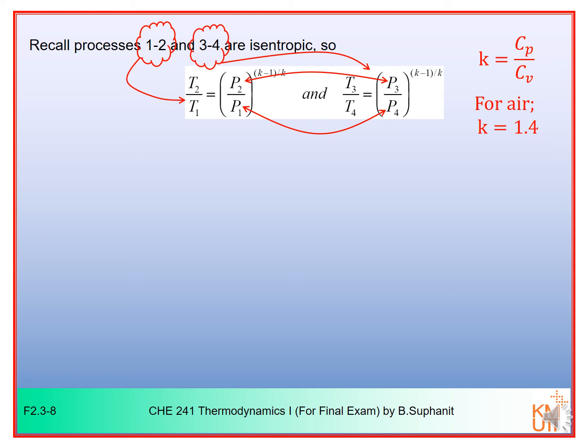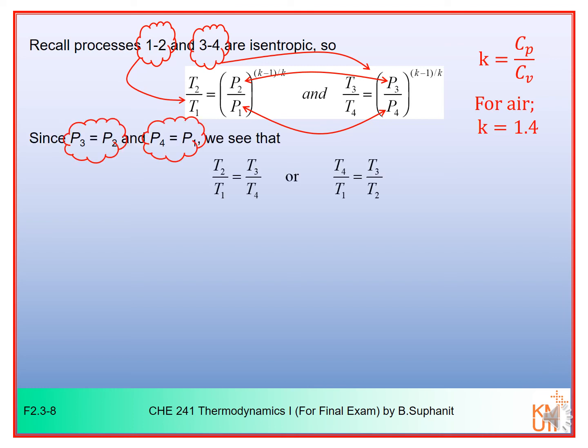We then have equal temperature ratios from both isentropic processes, or T2 over T1 equals T3 over T4. By exchanging the terms T2 and T4, we have T4 over T1 equals T3 over T2.